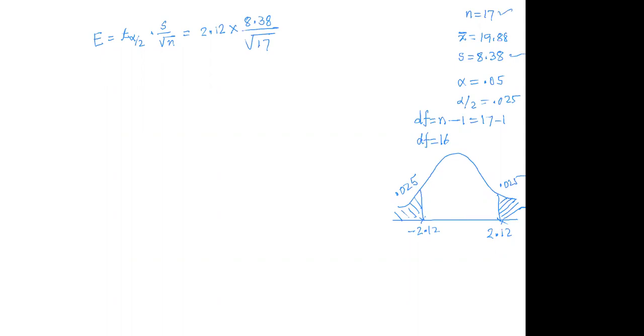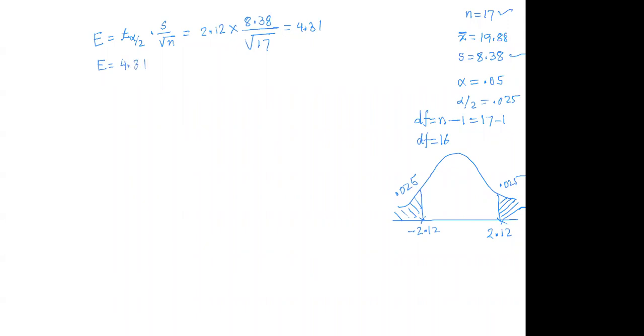And if I do the calculation, it's 2.12 times 8.38 divided by square root of 17, that is 4.308, or 4.31.